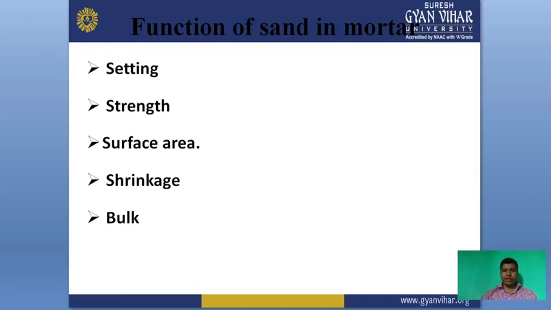It means the function of sand plays a greater role in the plastering process. It gives better strength, it sets quickly with other components, it covers the surface area and protects from shrinkage.